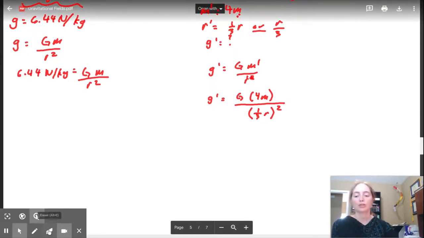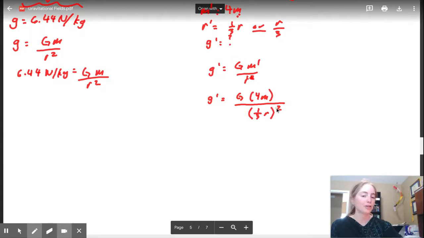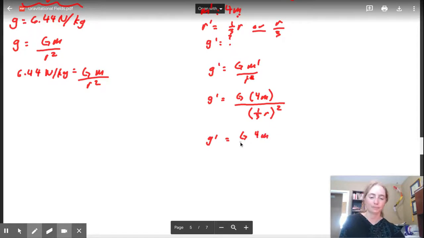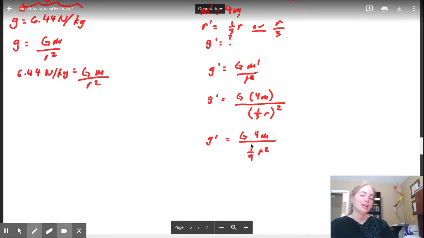So my next step, ladies and gentlemen, is I am going to have to do some squaring. Please remember that when you're squaring this, we're squaring both 1/3 and r. So g prime is equal to G times 4m divided by, now 1 squared is 1, 3 squared is 9, so 1 over 9 r squared. Now I'm going to look at this 9. This 9 is under 2 dividing lines. When a number is underneath 2 dividing lines, really it's on the top.